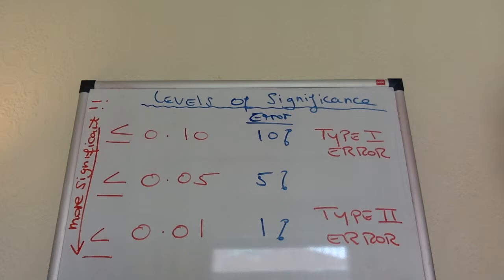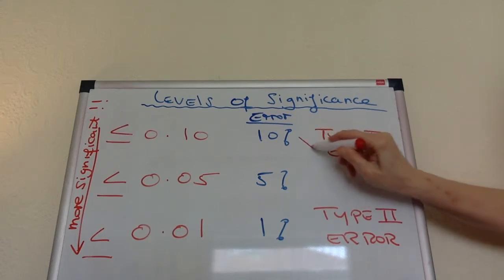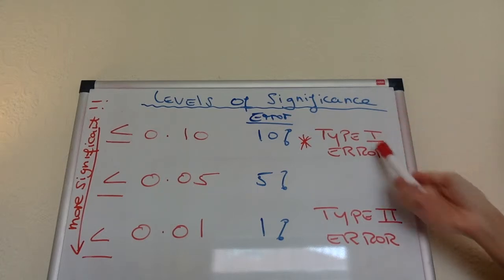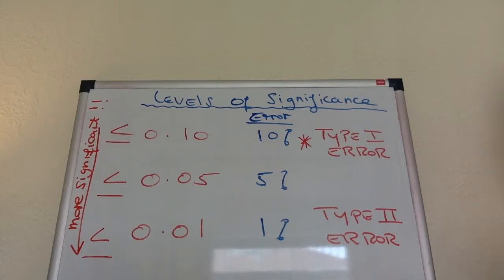Okay, now, this is the worst one, a type 1 error. A type 1 error is the absolute worst type of error that any psychologist could make. Why? Because a type 1 error says that you think you've got a finding, you go on to publish it, but it was a false finding.